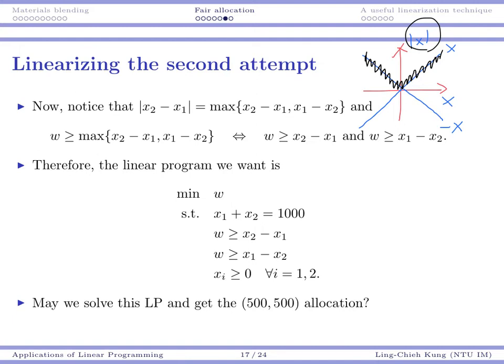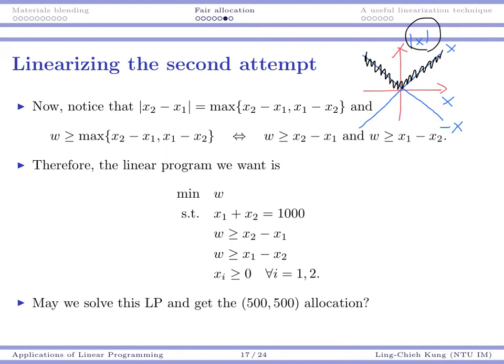Why? Suppose W is greater than the maximum of two numbers, then W would be greater than each of them. Correct. Or in the opposite way, if W is greater than this and that, then W would be greater than the maximum of both of them. Fine, right?